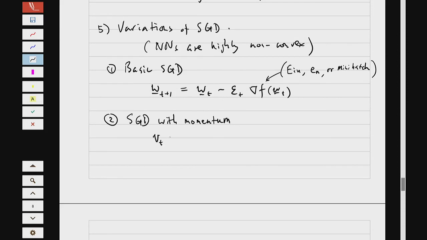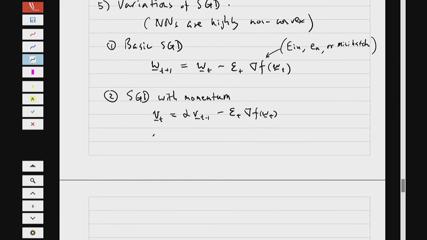Your V_t, which is the momentum, is basically an accumulation of the past velocity, and then you add this new component of the velocity, just the gradient. So now you update w at t plus 1.